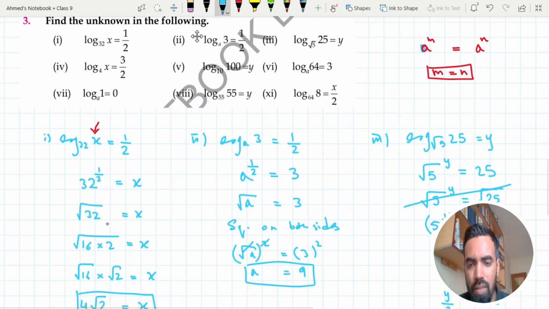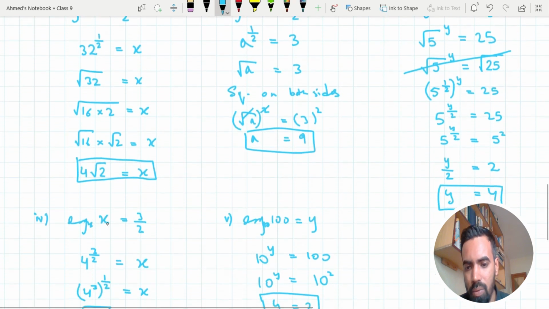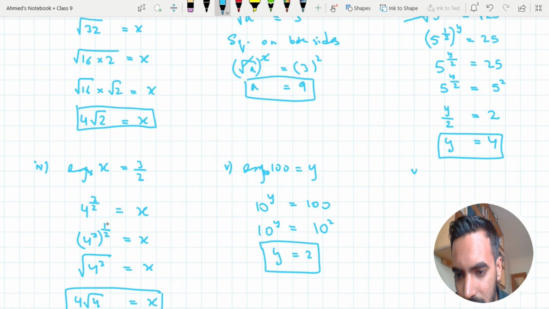And then same as log 64 with base a equals 3. Have a look on part 6. Log 64 with base a equals 3. So a to the power 3 equals 64. I'll remove this 3 from here, and to remove the 3 I'll take the cube root on both sides.